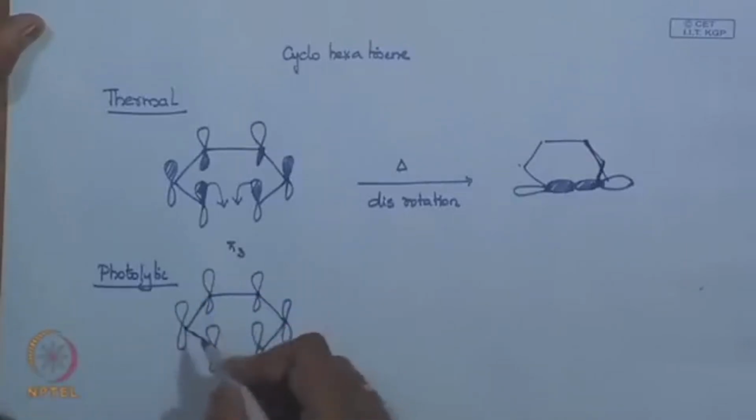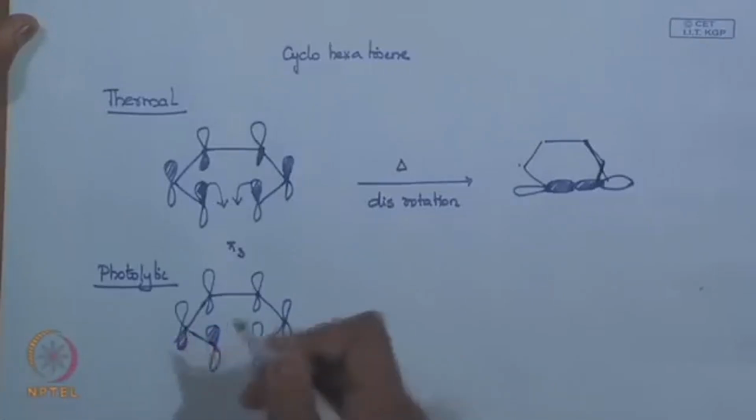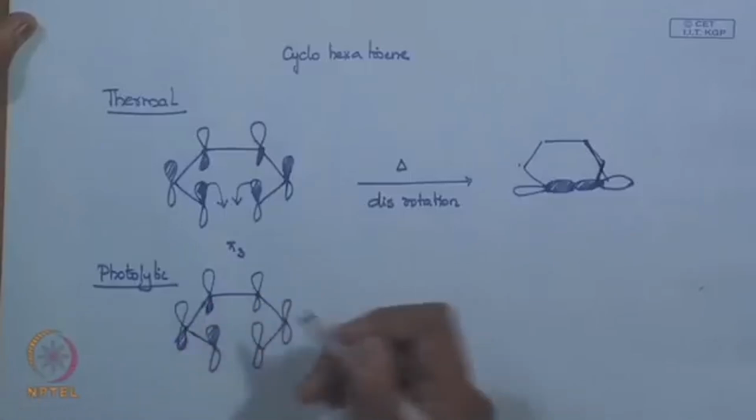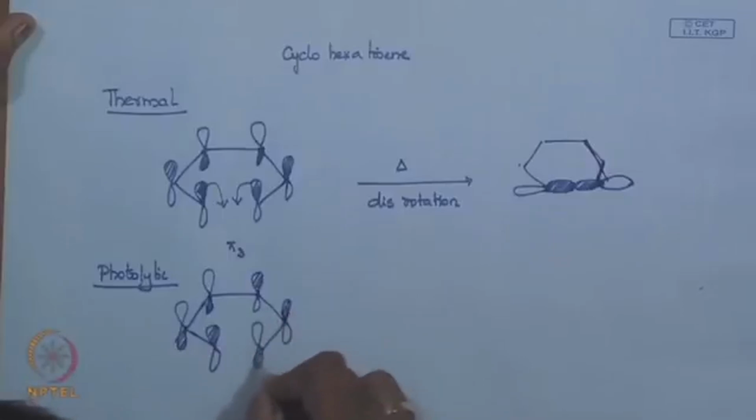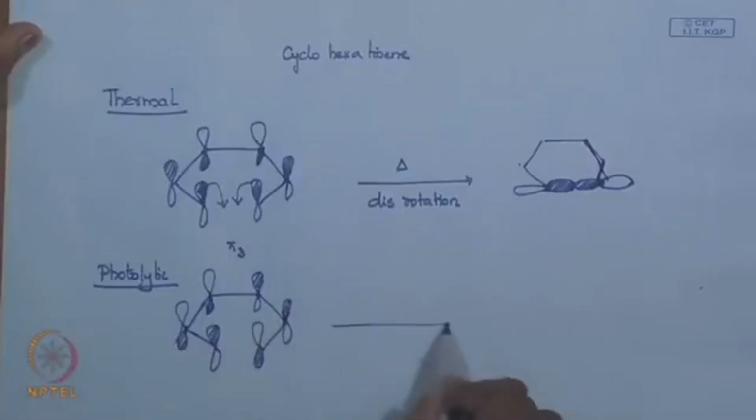Fine. Now, just finish it off. I said initially it is nice to put all the things, later on you can think about the last two orbitals. Yes. Now, this is in light.